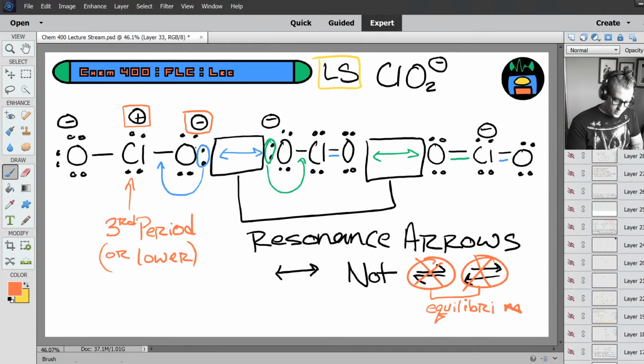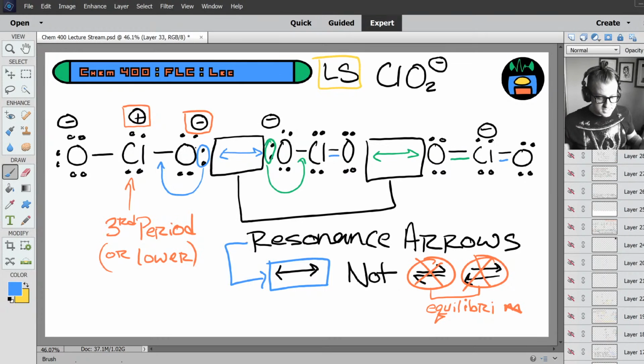All right, but a resonance arrow looks like that. One line, an arrowhead on either side. You should know that in my class and also in other classes, if you draw an equilibrium arrow when you're doing resonance structures, you get points docked. If you draw a resonance arrow when you mean equilibrium arrows, and that'll come into play when you take 401, if I were teaching it, you would also get points docked.